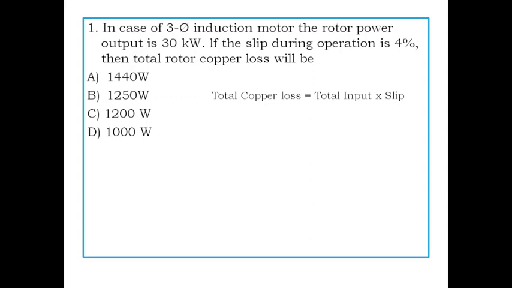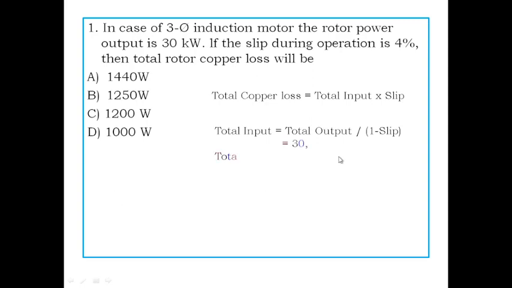So here you need to find the total input, because in the question they have given the total output. So again we need a formula: total input is total output divided by 1 minus slip. Total output is given, that is 30 kilowatt, and slip is given as a percentage.